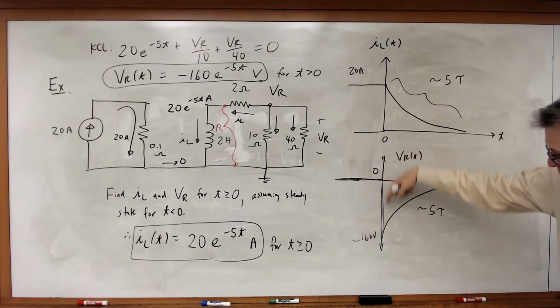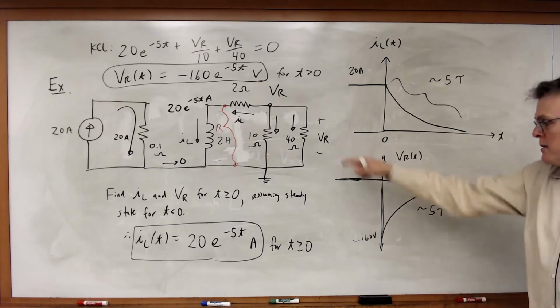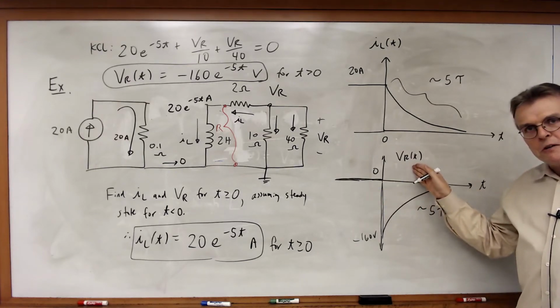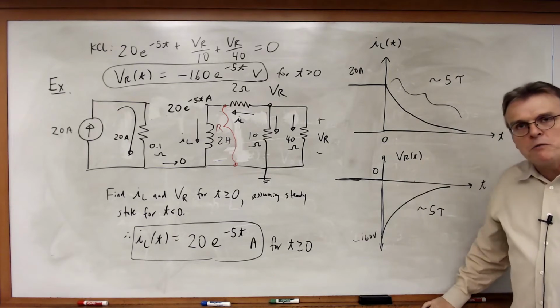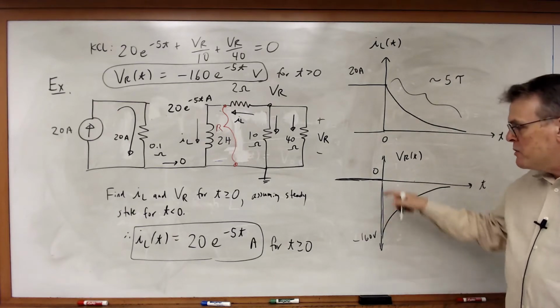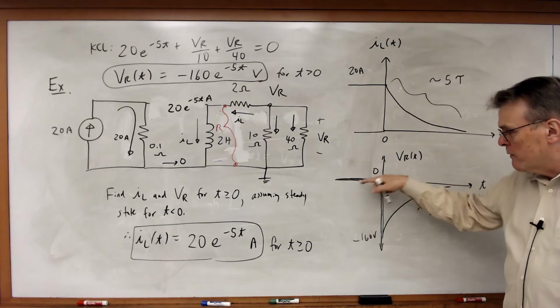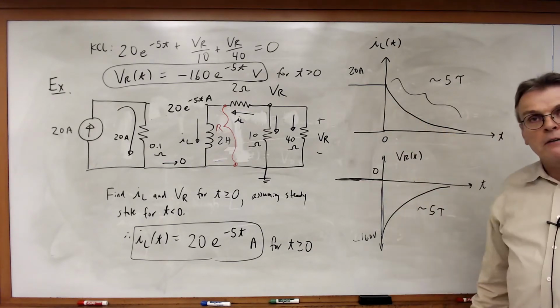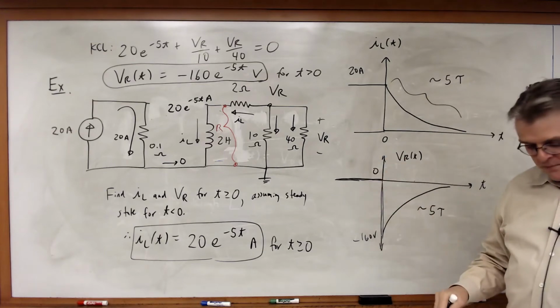So in this case, the voltage across the resistor can have a discontinuity. That's why we can't use a general solution on things like voltages across resistors or currents through them, because you can't guarantee that the current or voltage won't change across a switching event. But you can guarantee it for the inductor, and that's the difference. All right?